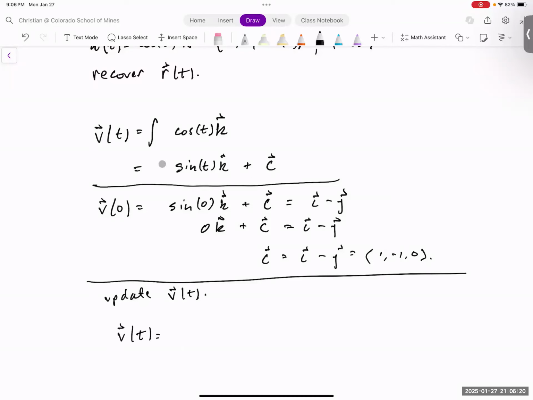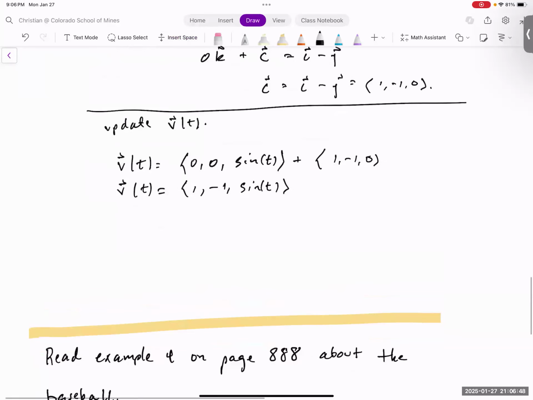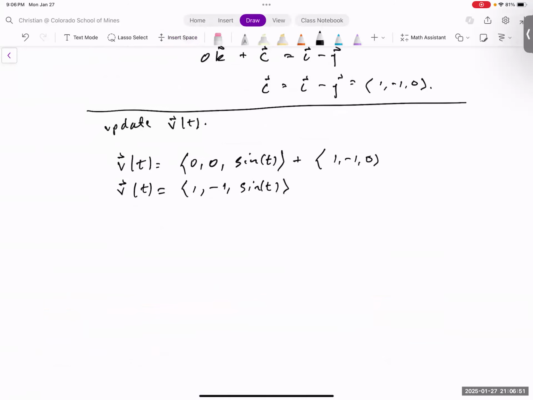I'm tired of this k notation, so I'm going to write sine of t in the k vector as 0, 0, sine of t plus that constant vector i minus j, 1, -1, 0. And we end up with v of t being 1, -1, sine of t.